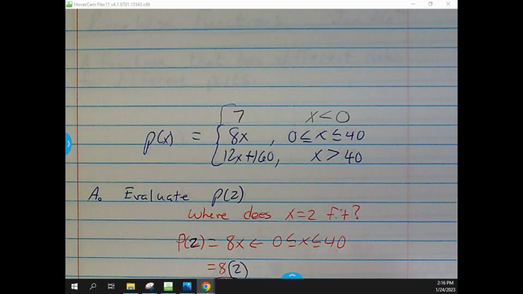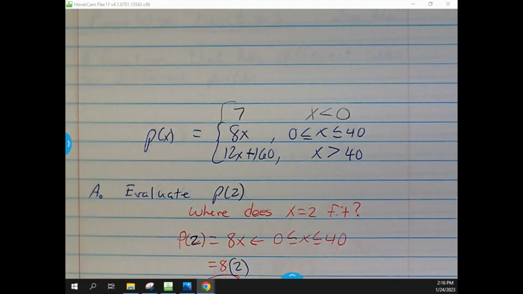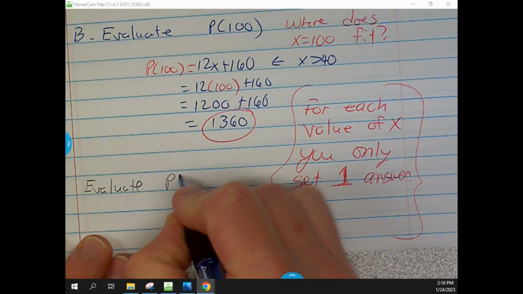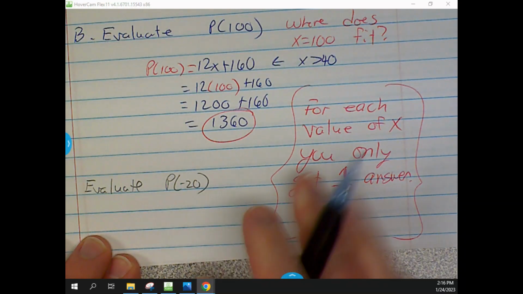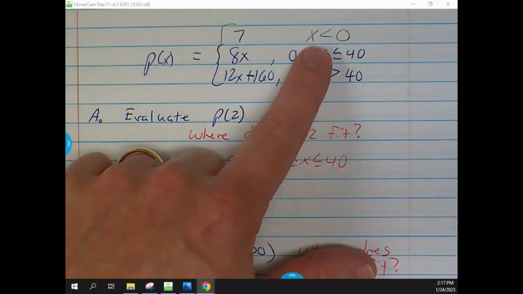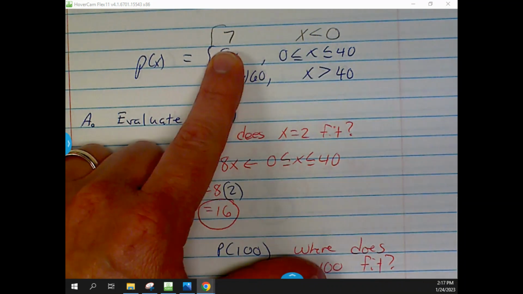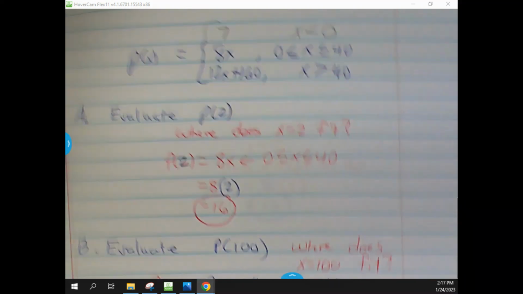So if you had something like this, no matter what you did, if they ask you to evaluate p of negative 20, well, anything less than 0 would put you here, and no matter what happens, that answer is always 7. So if it's negative 1, basically any negative number you plug in here, this answer is always going to be 7.